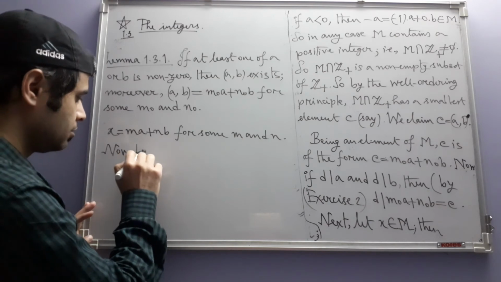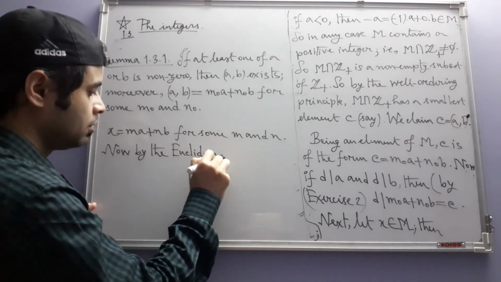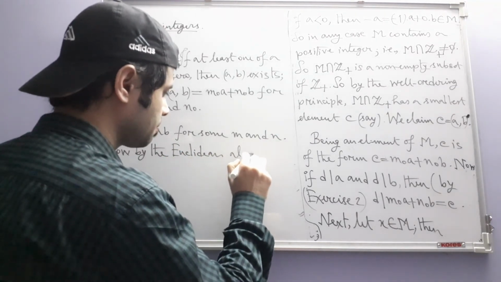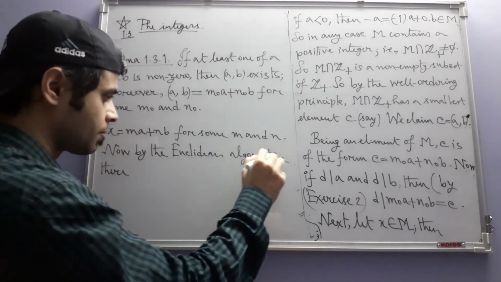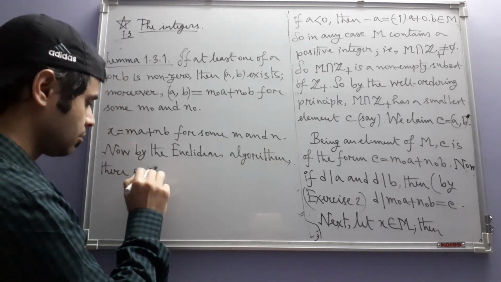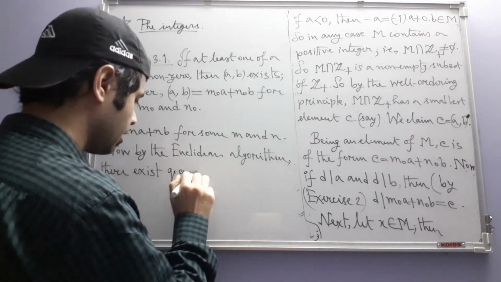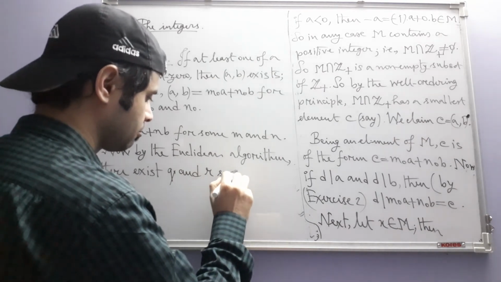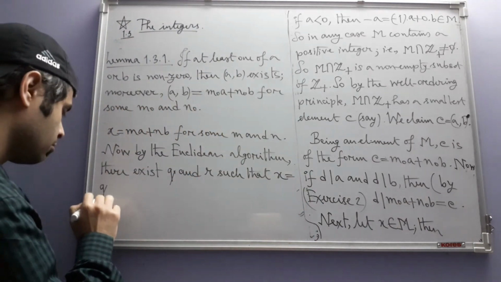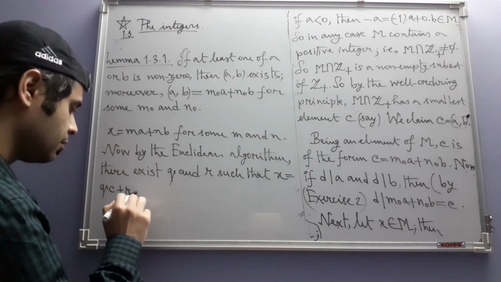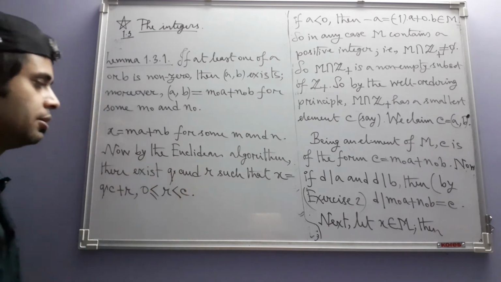By the Euclidean algorithm, there exist quotient and remainder integers Q and R such that X is equal to QC plus R, and R lies between 0 and C in this way.